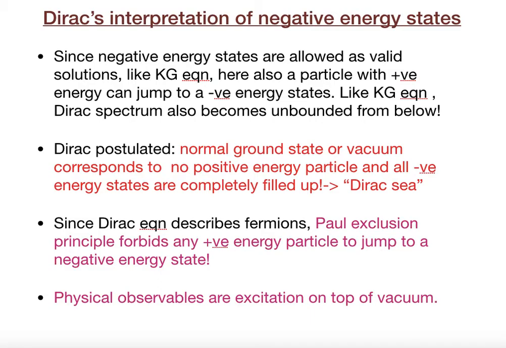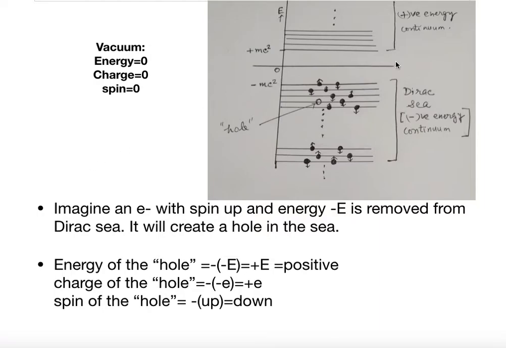So let us see a schematic diagram here. This is where energy is 0. These are all the positive energy levels that you can have. The minimum positive energy is plus mc squared and the maximum negative energy is minus mc squared, and then for any momentum you have these towers of states up to minus infinity.